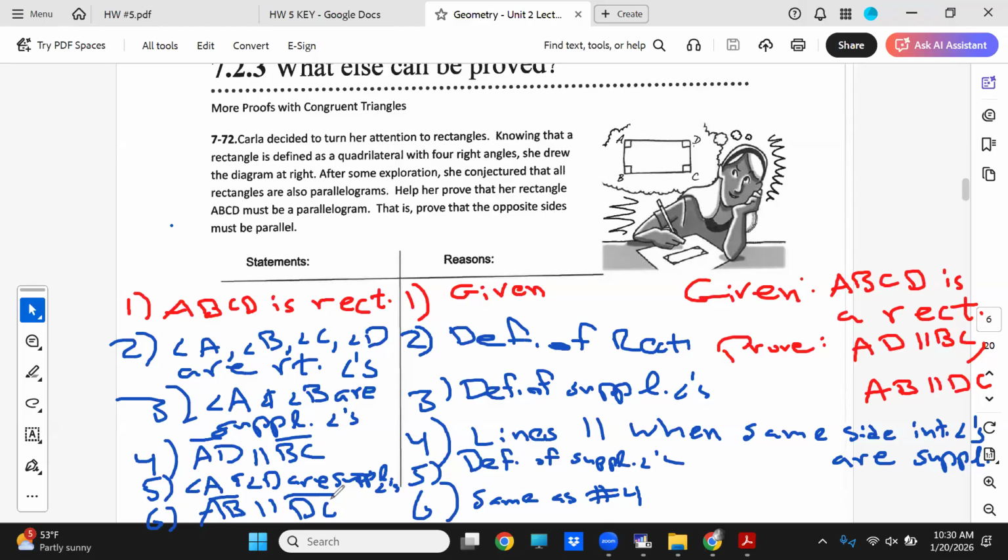And if that's true, then you have lines that are parallel, because that's a thing we've talked about in the past: when two angles are supplementary, and they're on the same side, on the inside, adding to 180, lines are parallel. So it's just another proof to prove that some quadrilaterals have some sort of behavior.